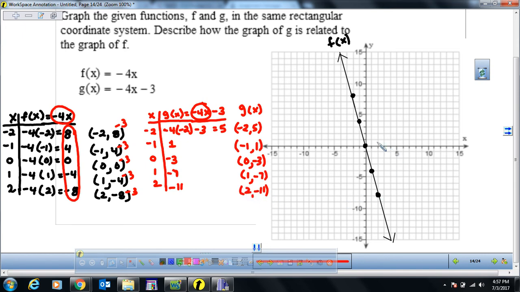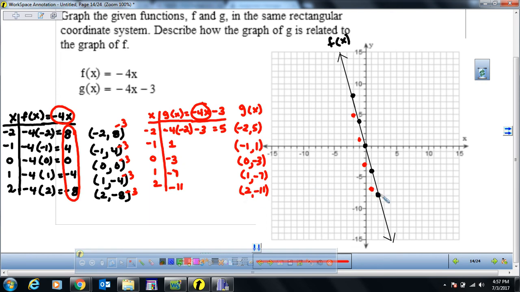So let's graph those points. Negative 2, comma 5. It's going to intersect right here. The next one, negative 1, comma 1, it's going to intersect right here. The next one, 0, comma negative 3, right here. 1, comma negative 7. Negative 7 is right here.